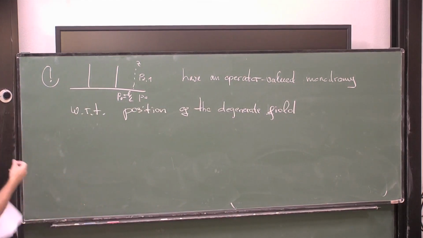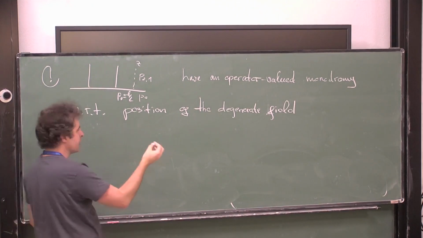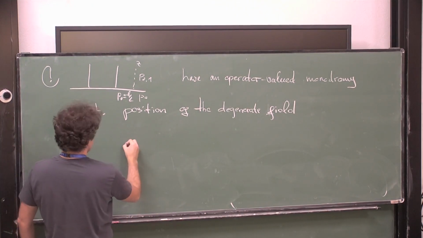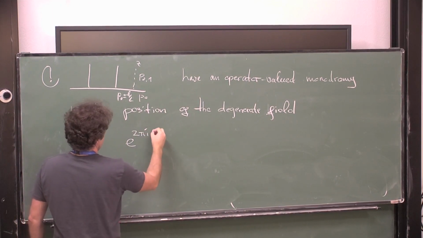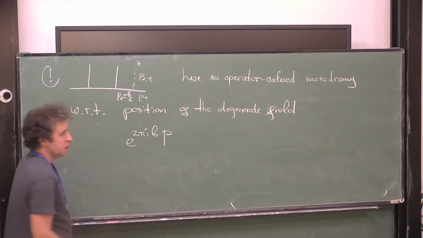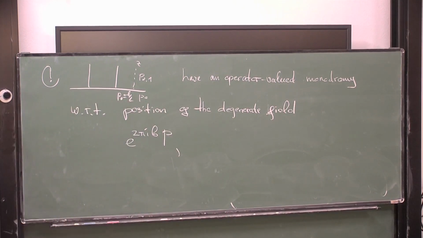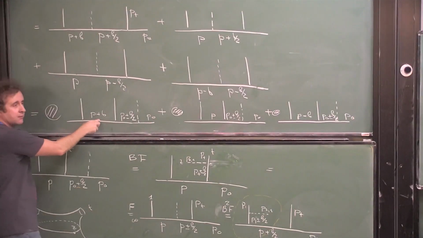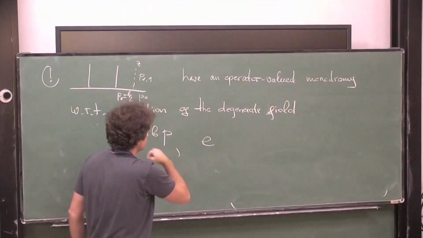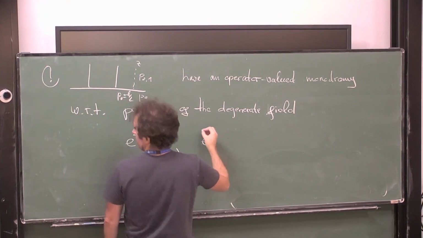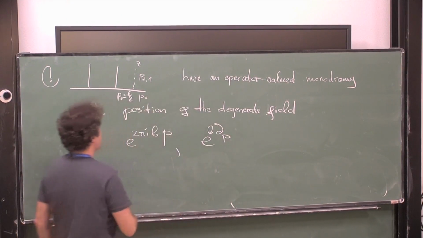But now, this operator-valued monodromy will involve, on one hand, trigonometric expressions of the form exponential of 2 pi i b p, so this kind of expression. And on the other hand, we also have these shifts, right? The shifts of the internal momentum, which can be represented as exponentials of b d/dp.